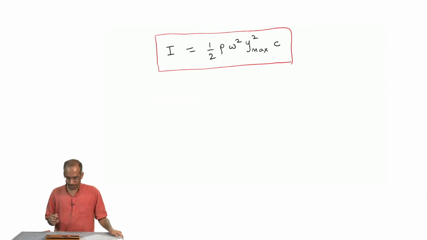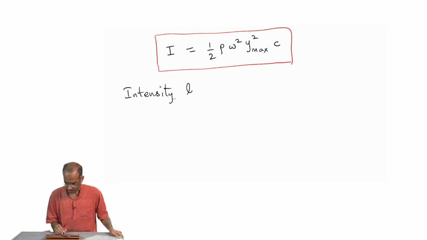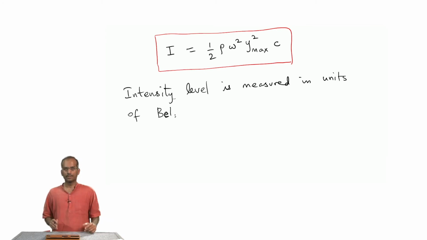In general, for any periodic signal, the intensity level is measured in units of bell. The intensity level is defined as follows.